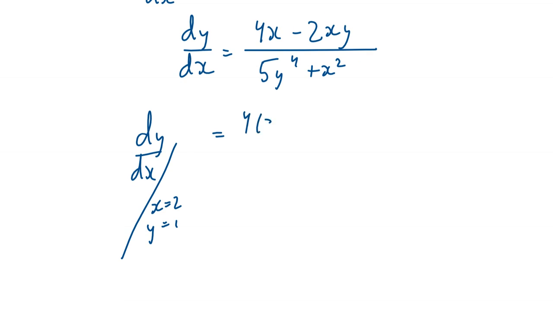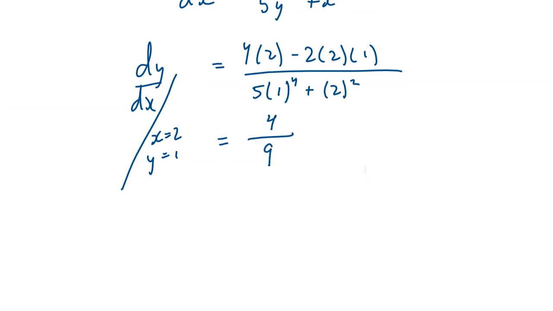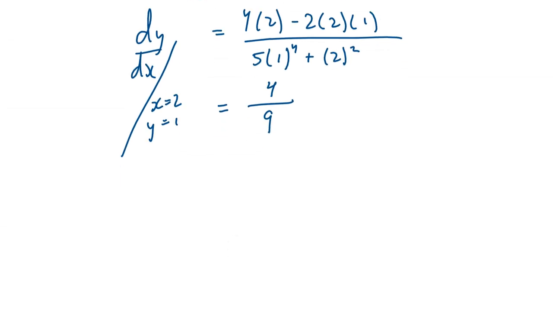So 4 times 2 minus 2 times 2 times 1. So this looks like 8 minus 4, which is 4, over 5 plus 4, which is 9. So the slope of the tangent is 4 over 9.